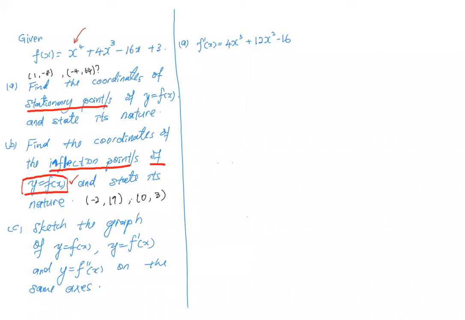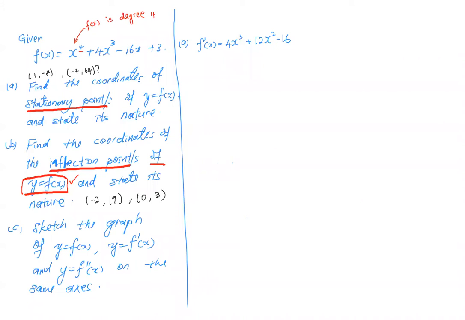Okay, so when we talk about polynomial, look carefully, class. f(x) is degree what? Highest power is 4, so degree 4.